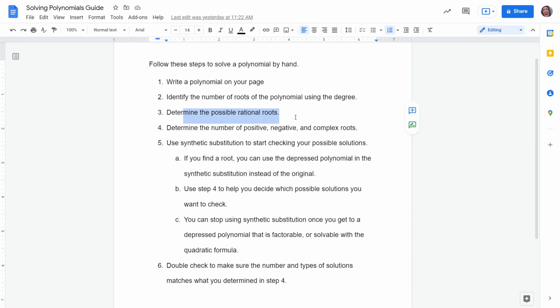I might find it because it might not be a rational number, but that tells me something. If I go through all my negative rational roots and I don't find the one negative I'm expecting to find, well, that means it's going to be an irrational root, which means I should start definitely looking through those positives, and I'm expecting to have a quadratic at the end that I have to use a quadratic formula on.